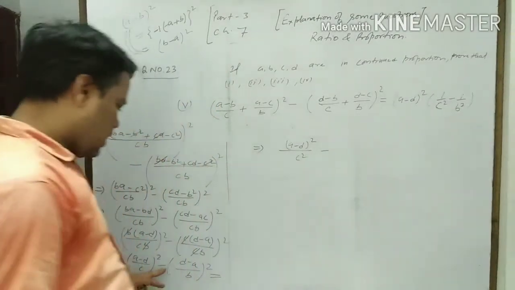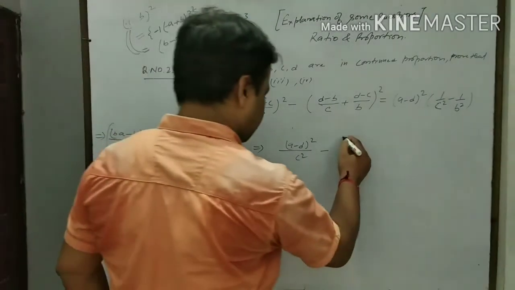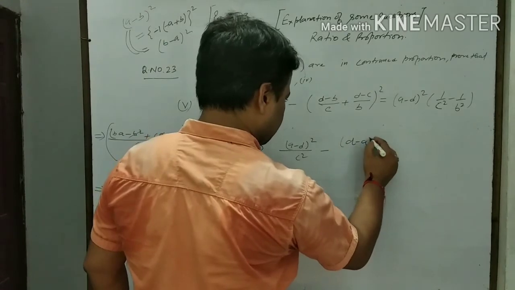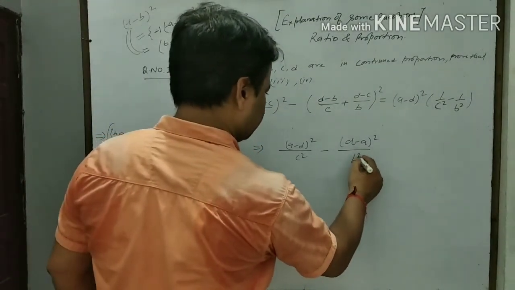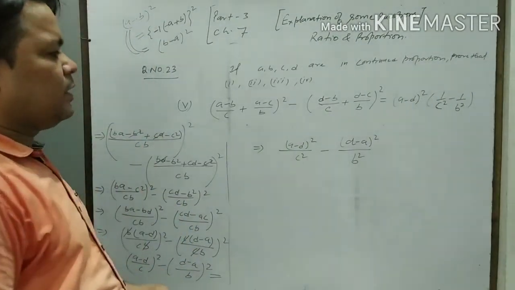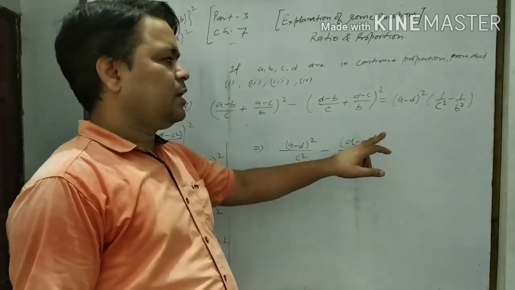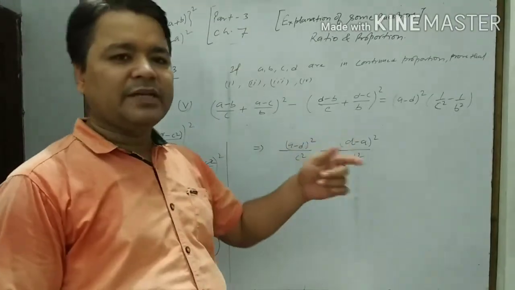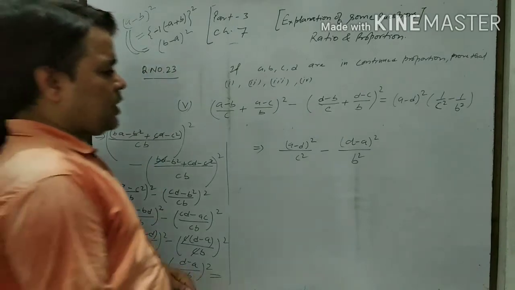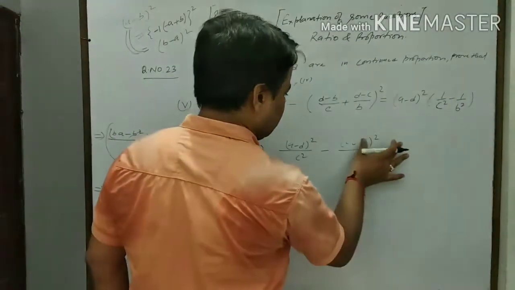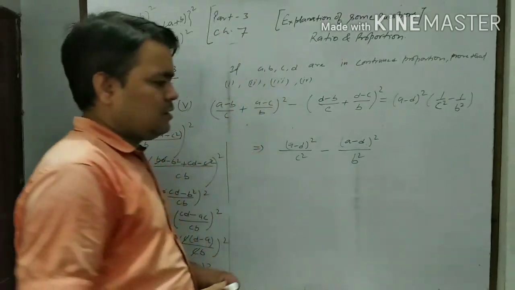Minus, at the place of D minus A whole square, let us write D minus A whole square upon B square. But we know that D minus A whole square can be written as A minus D whole square also, according to this concept.